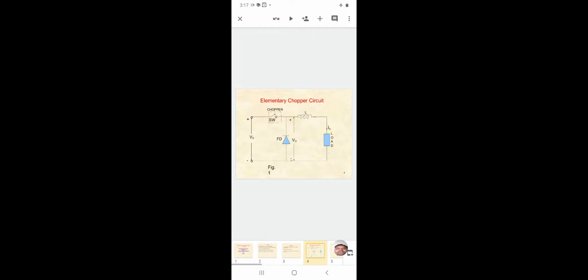And here is some frequently asked question. Explain the operation of chopper. The explanation means draw this circuit diagram: the source voltage, chopper acting as a switch, inductor, load and freewheeling diode.